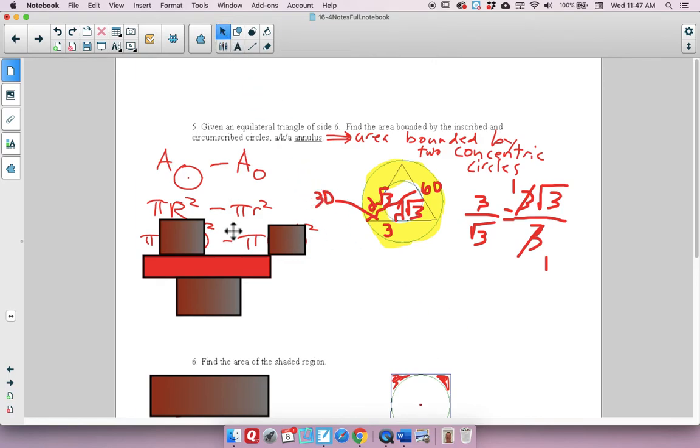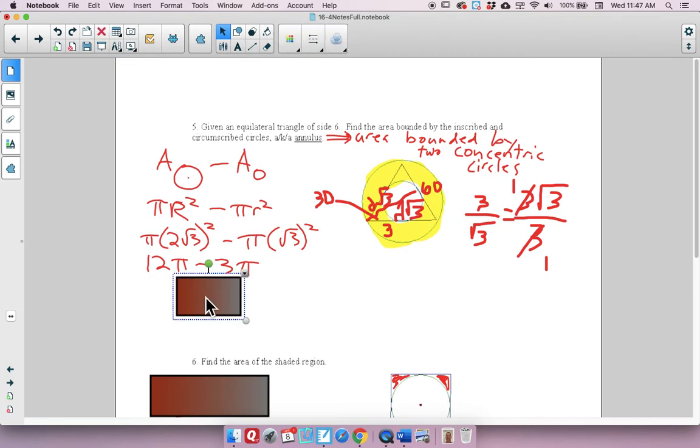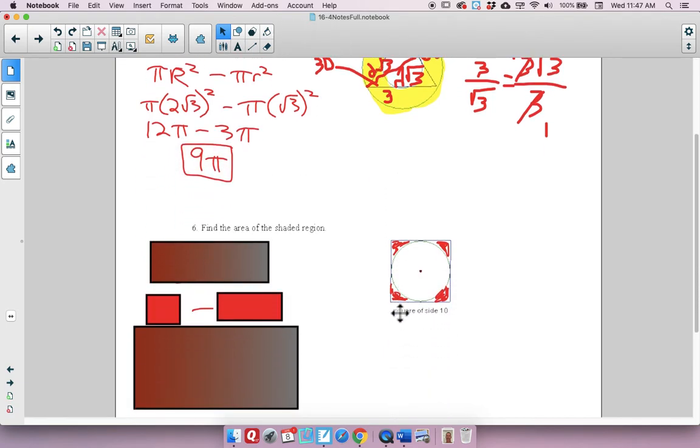Basically all we have to do is plug in for R squared and r squared. So 2 root 3 goes there, root 3 goes in there. 2 root 3 squared is 4 times 3, which is 12. So we have 12 pi minus root 3 squared, which is 3 pi, and that gets us 9 pi. Awesome.